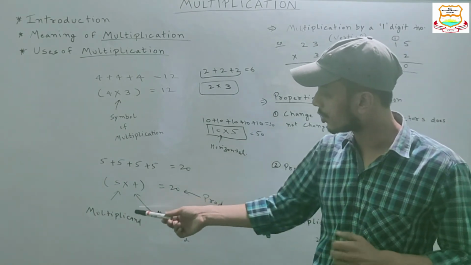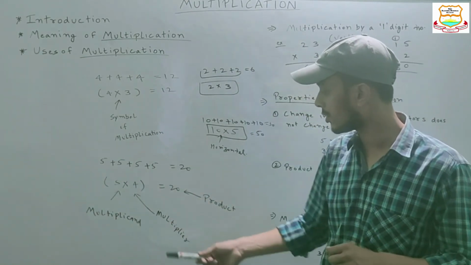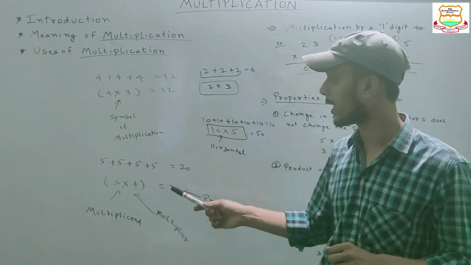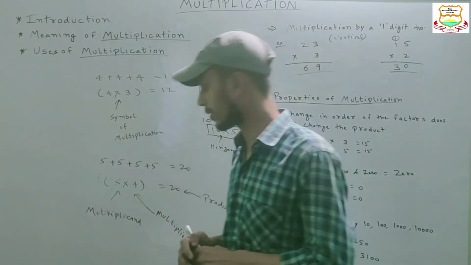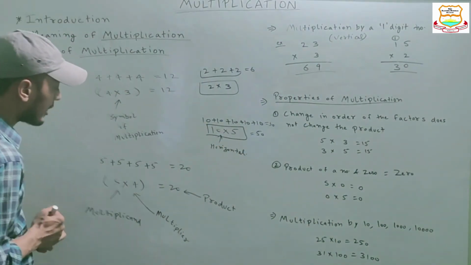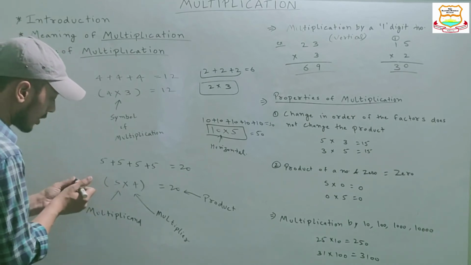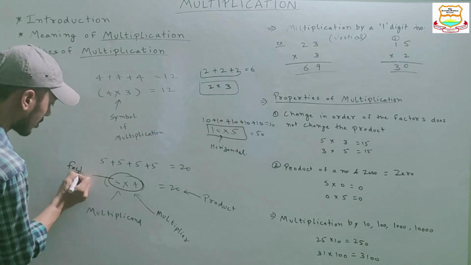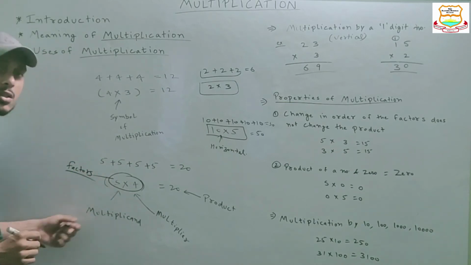After that we saw what is multiplicand, what is multiplier, what is product. And one more thing I would like to tell you here, one more new knowledge. These two numbers are also called factors.